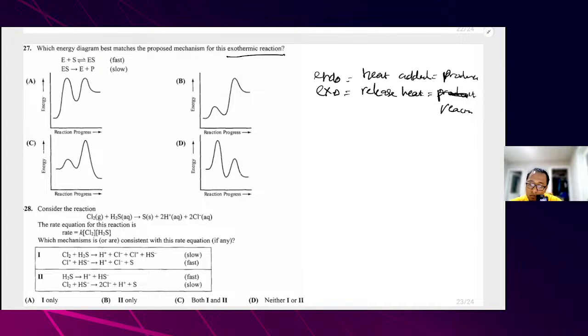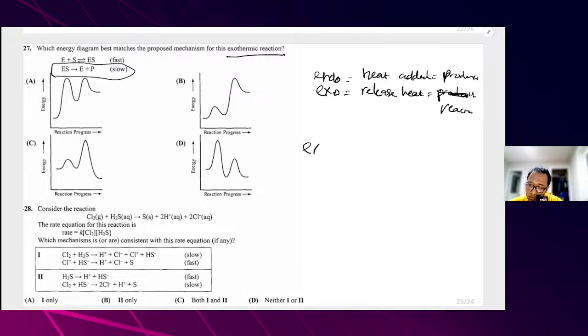So now remember, we always care about the slow reaction. There are two steps, so the energy diagram should have two humps. The first step is fast and reversible, and the second one is slow, and then exothermic means the final energy is lower than the starting energy.